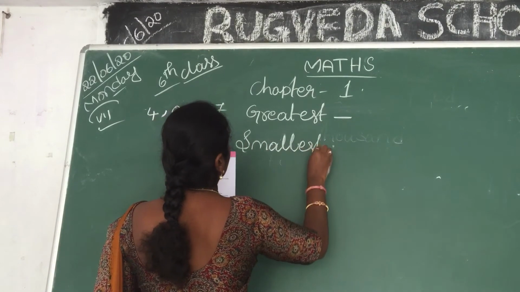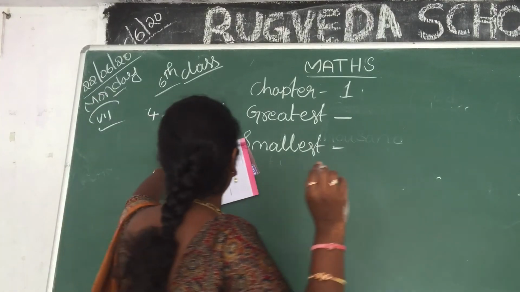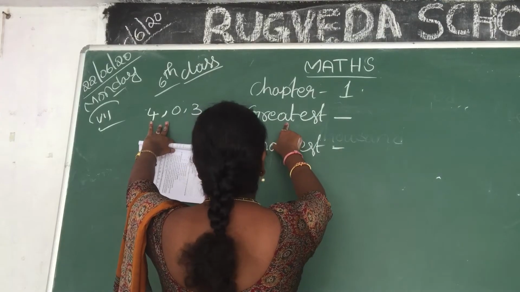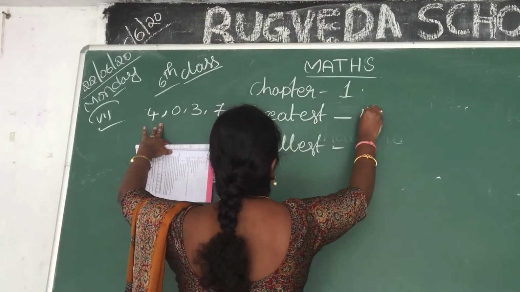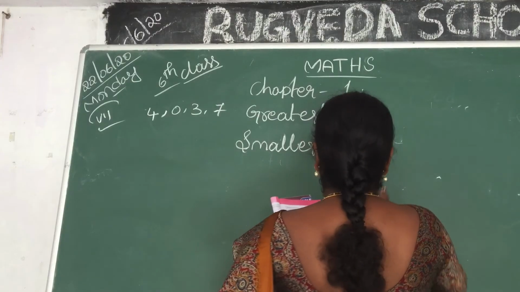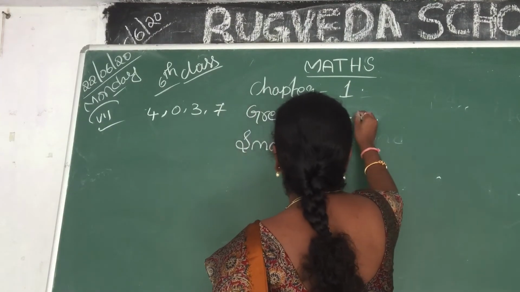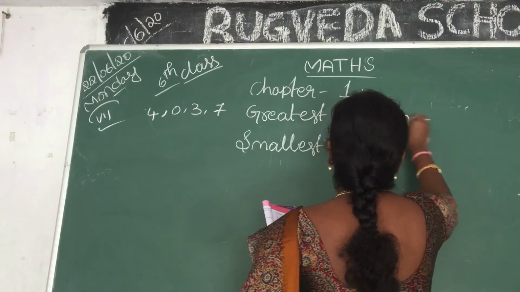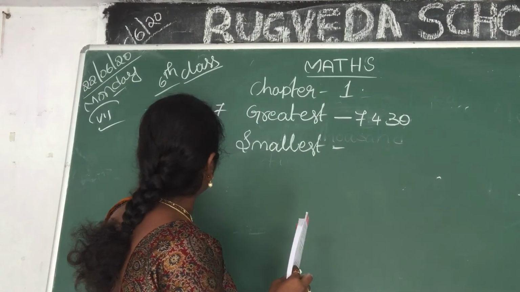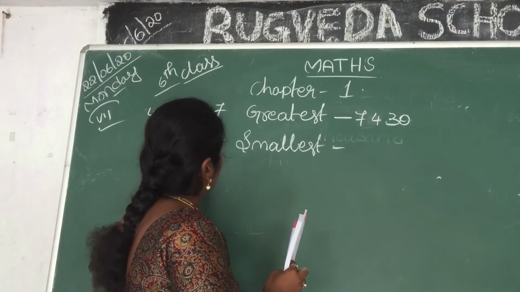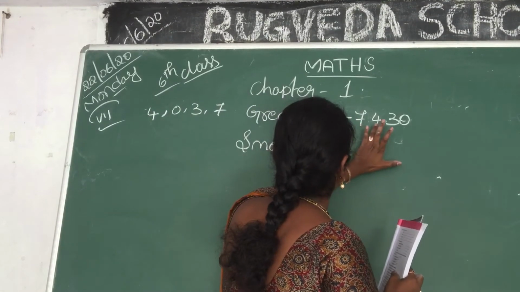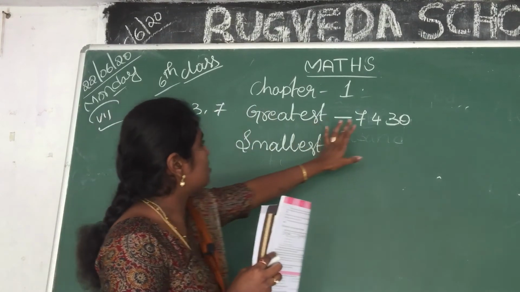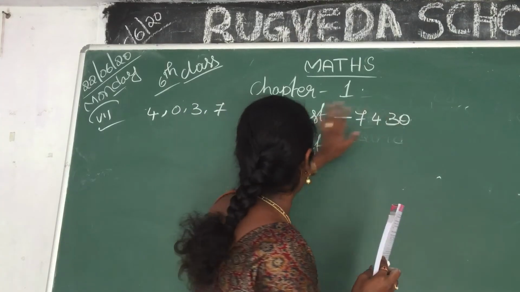See, what is the greatest number? Which number will we get as the greatest? 4,000? No, 4,000 no. I kept here 7,430. 7 is in the thousands place, 4 is in the hundreds place, 3 is in the tens place, 0 is in the ones place.